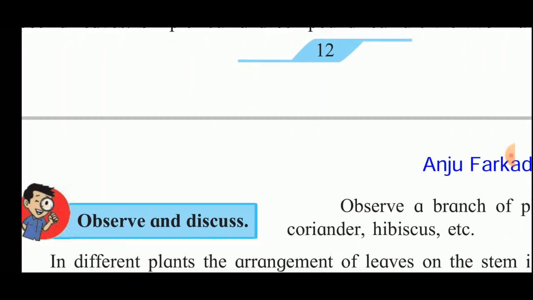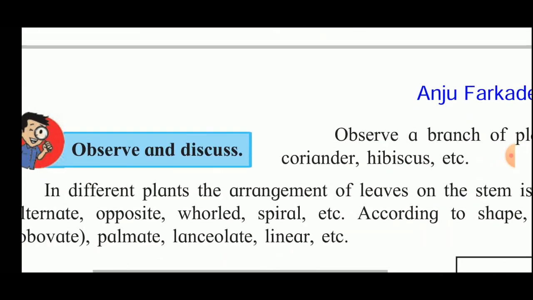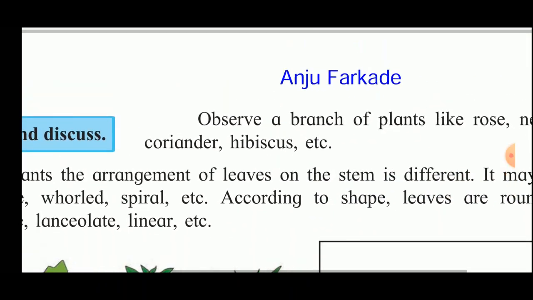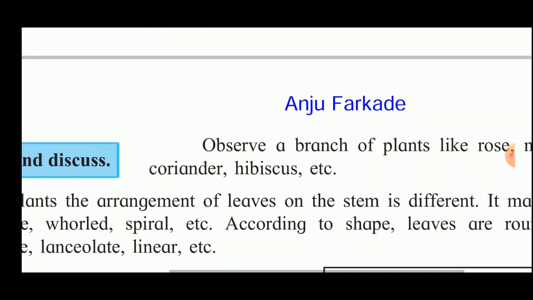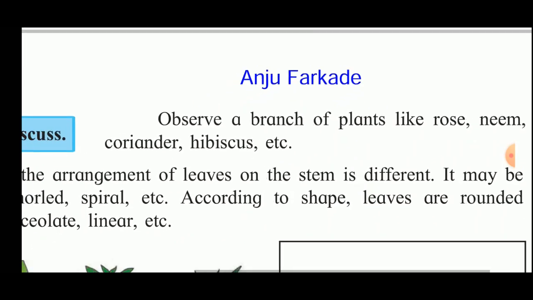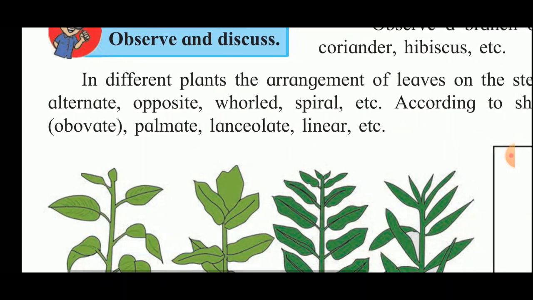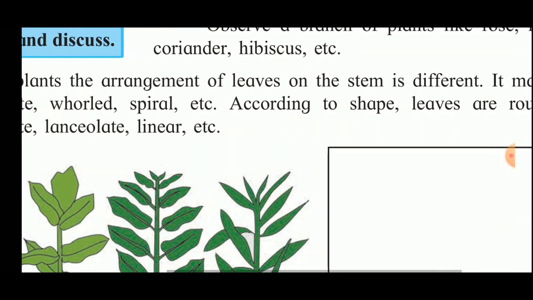So now let us observe the branch of plants like rose, neem, coriander, hibiscus, etc. In different plants, the arrangement of leaves on a stem is different.